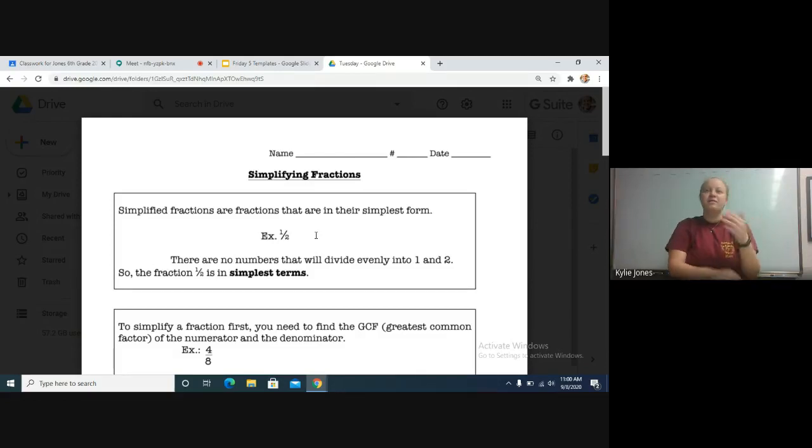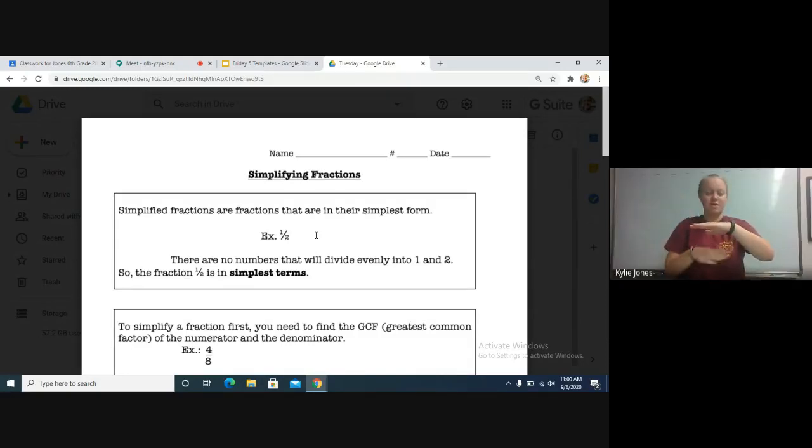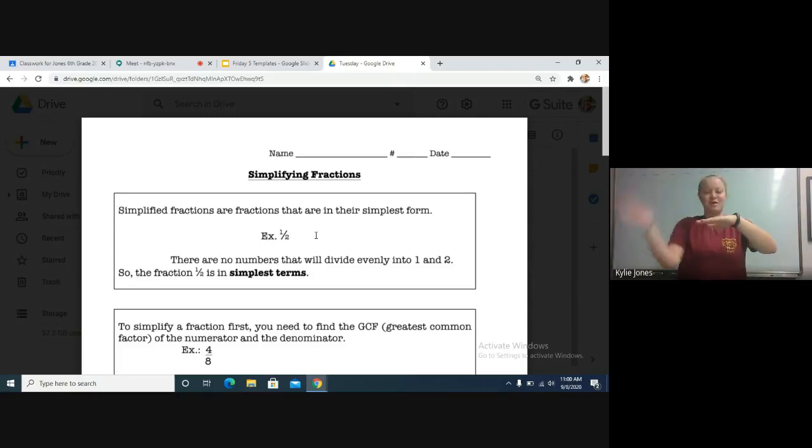And remind me, if I have a fraction, what's the name of the top number? The numerator. The numerator, good. What's the name of the bottom one? Denominator. Nope, numerator is on top, denominator is on the bottom. I don't have a trick to remember that one.